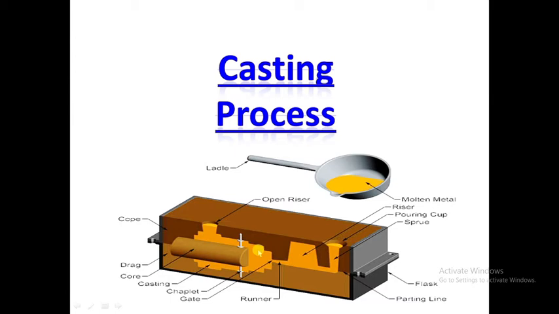Normally casting is used for making complex shapes, which is either difficult or uneconomical by other processes. That means by using a lathe machine or other methods, the complex shapes cannot be produced. So to produce the complex shape, the casting process is used.